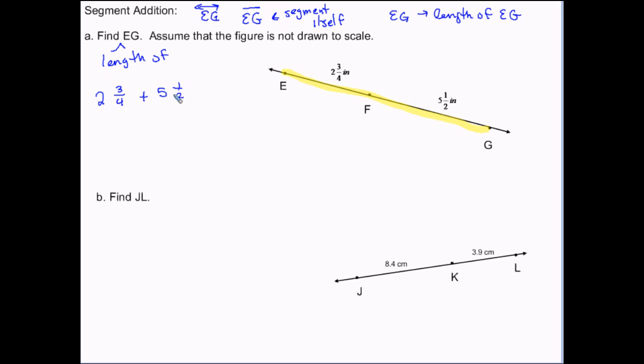We have to have the same denominator to add the fractions. So to turn a 2 into a 4, I multiply it by 2, so I have to do the top and the bottom by 2. So I have 2 3/4 plus 5 2/4.